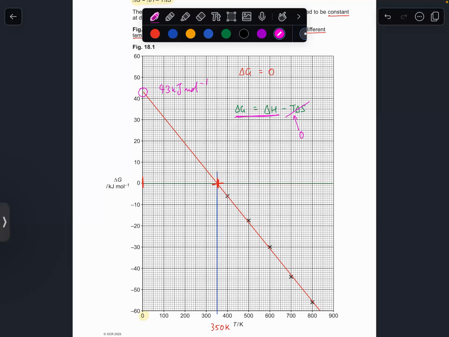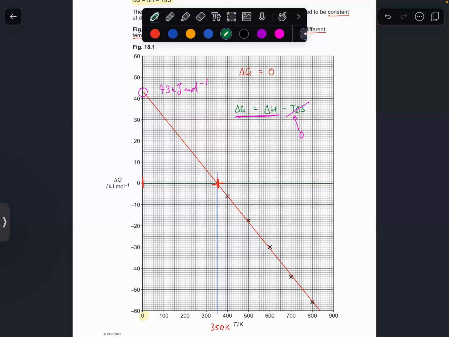We've drawn the line of best fit. Now coming back to the gradient, we can work out the gradient. I'm puzzled as to why delta H, delta S, gradient. Anyway, it's saying work out the gradient.